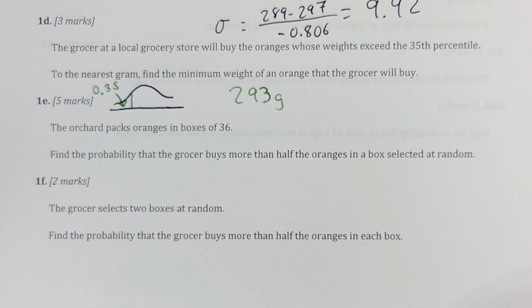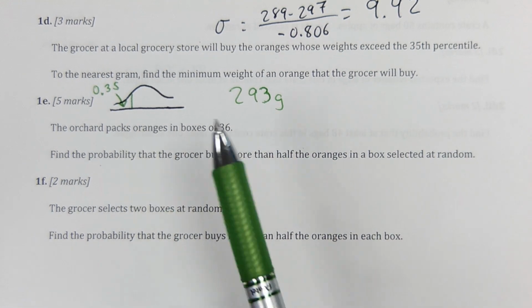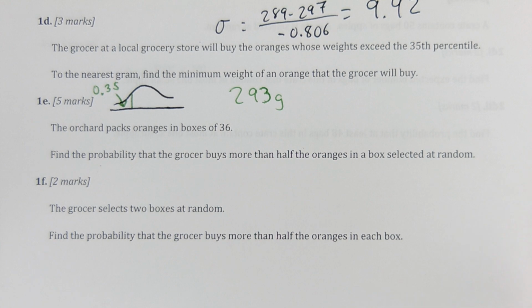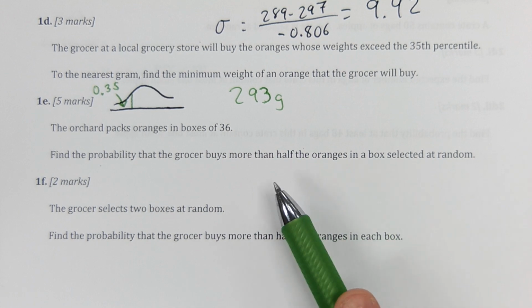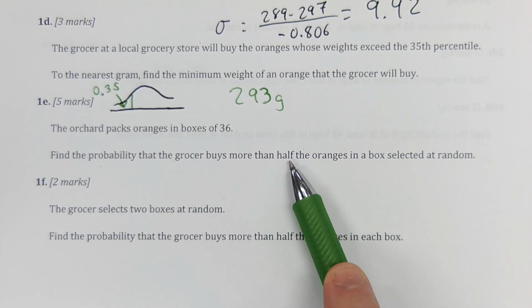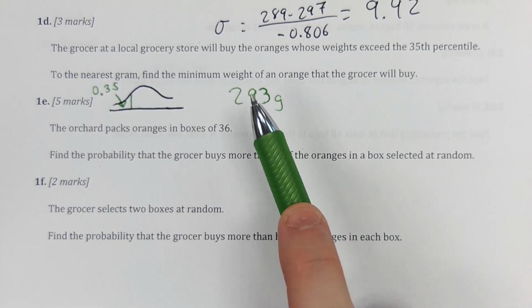Okay, so you know that our grocer is only going to buy an orange if it weighs 293 or more. There's a box of 36 oranges now, but that doesn't mean that they are all going to make the cut. So what we want to know is what's the probability that more than half weighs this or more?